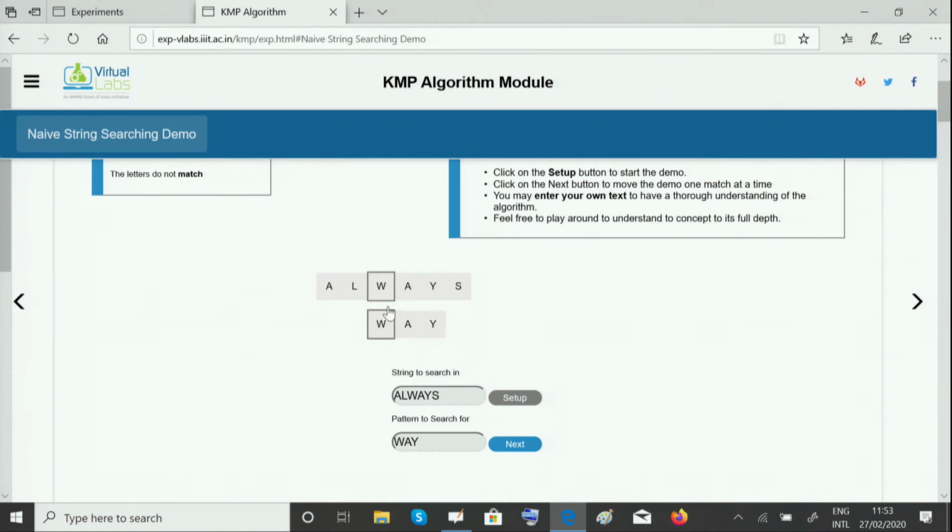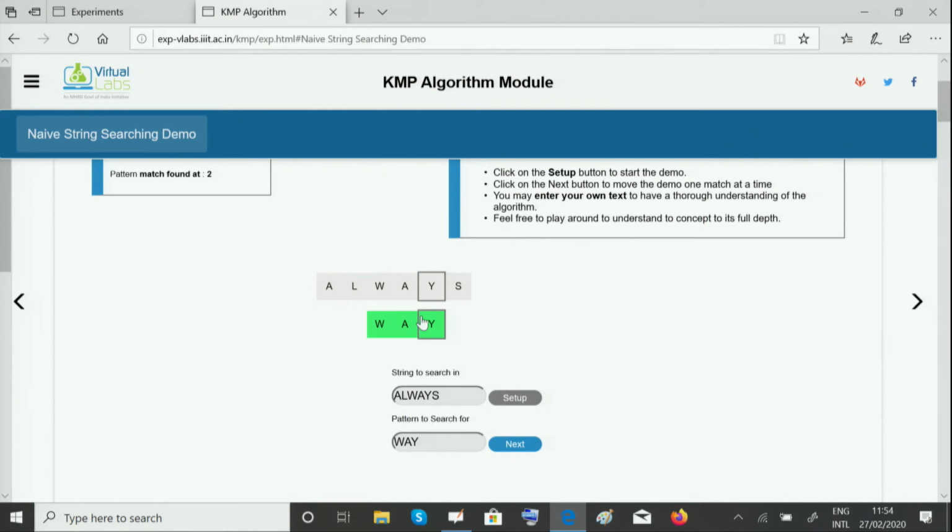Now we match W and W. Since it's a match, we can match the second letter of the needle. Now since A is also a match, we can continue moving forward. Since we have exhausted the needle and found all three letters of the needle in the haystack, we can return true with the position in the haystack where we found the needle.